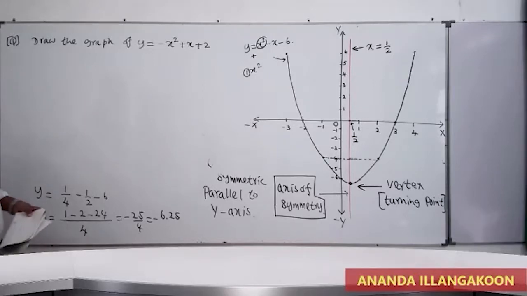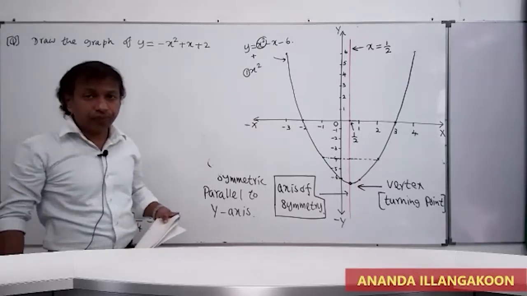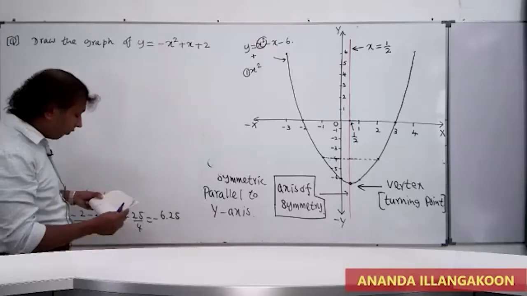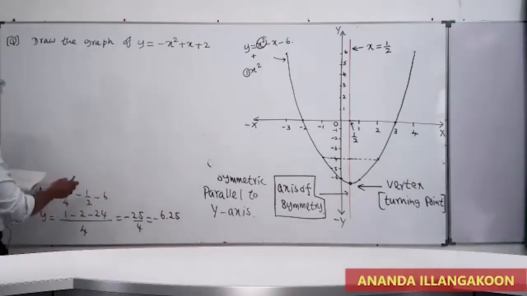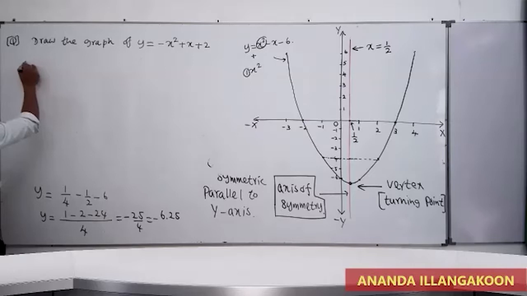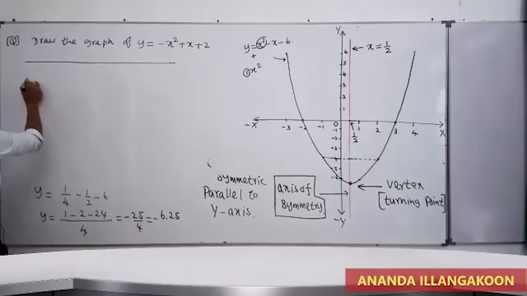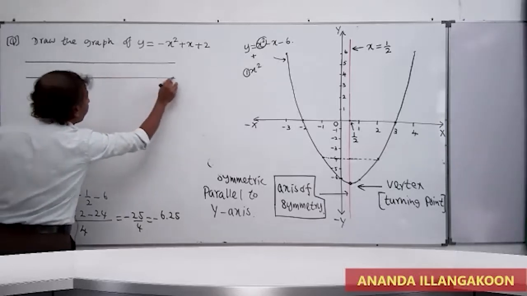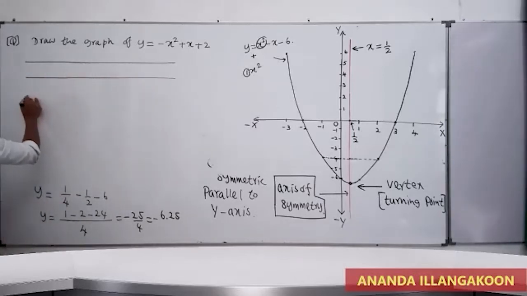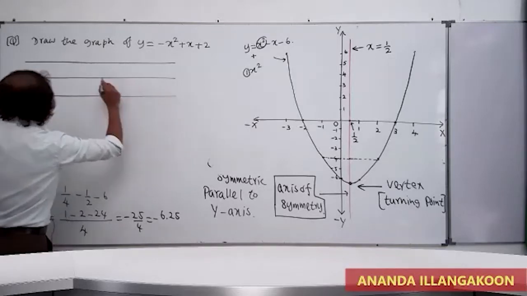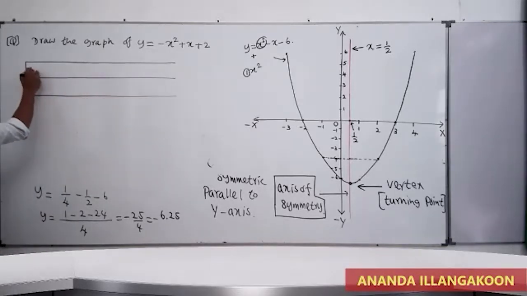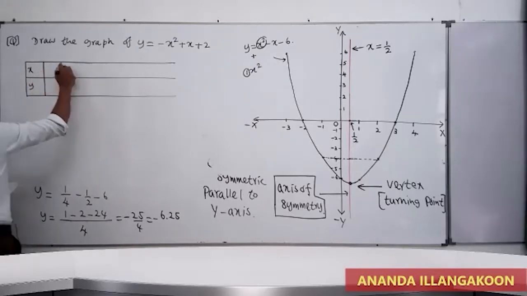Right. People, now we'll prepare a table. In this case, I take values for x in the table like this. X value here, y value here. Right. Put these values.